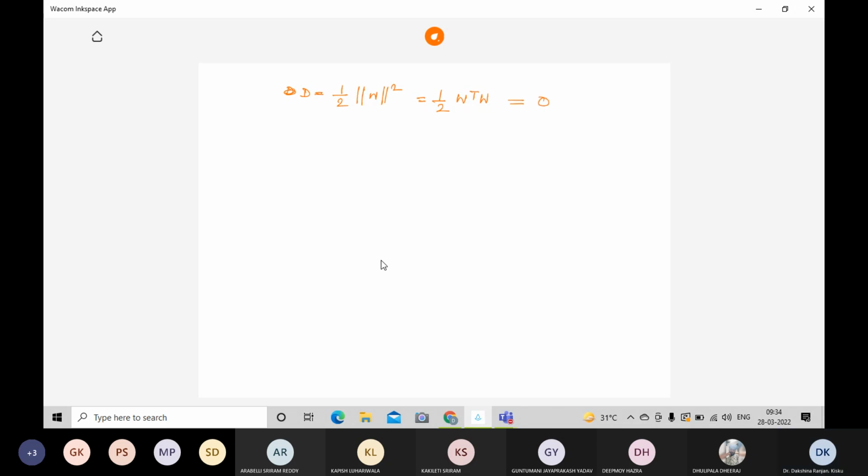When we obtain the gradient, we make this equation half of w transpose w equal to 0. But when we minimize this equation, w will be found to be 0, which is not desired.